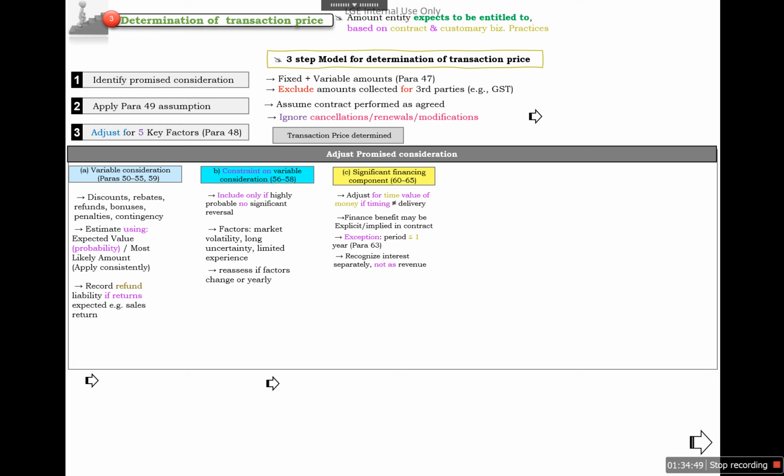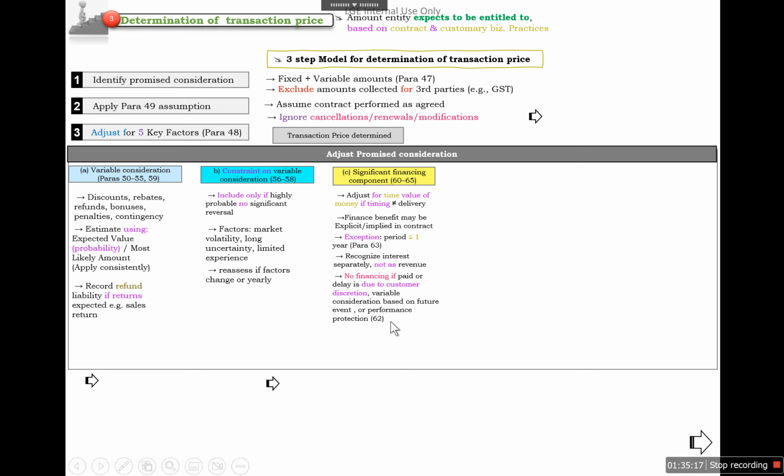We need to recognize interest separately, and it will not be called revenue because it is not from the ordinary course of business. There is no financing if the payment or delay is due to the customer's discretion. If the customer has paid in advance, though it is not in the agreement, and delivery is after 2 years, then it will not be called a financing component.